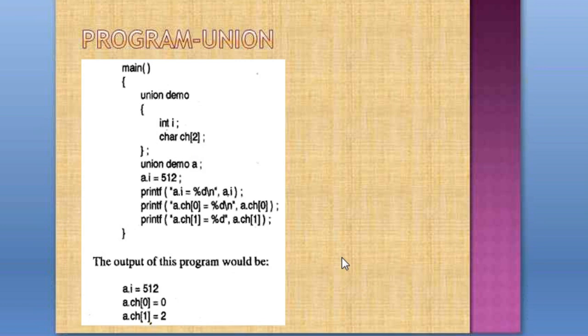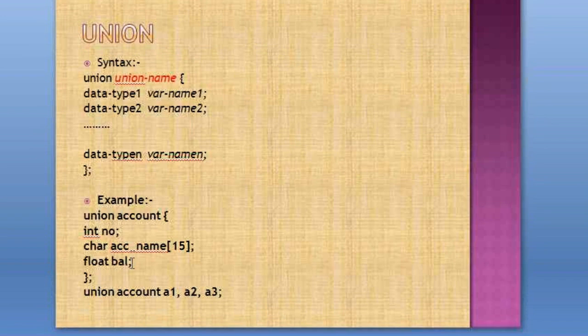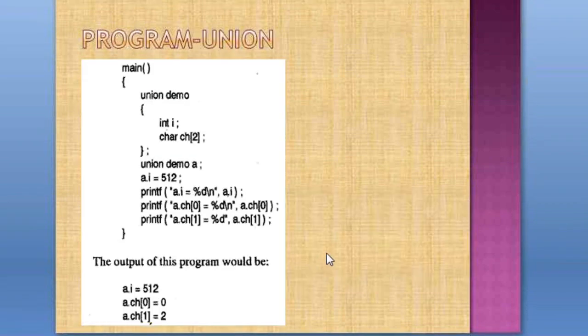As we have seen, in a structure there is wastage of memory. If we define an array of size 15 for account name and it uses only 5 bytes, then 10 bytes get wasted. Okay. So in this way, this is a program for union.